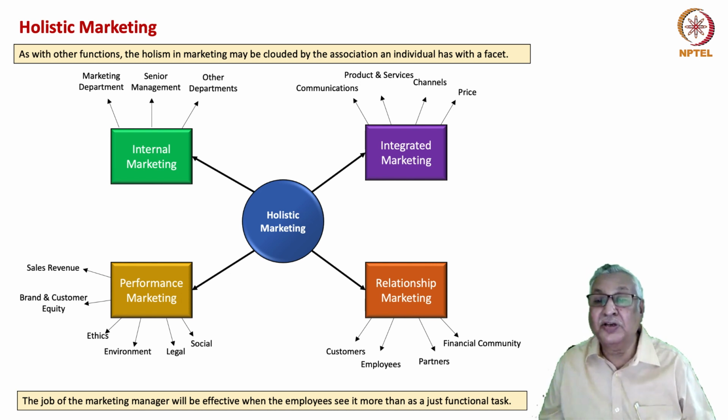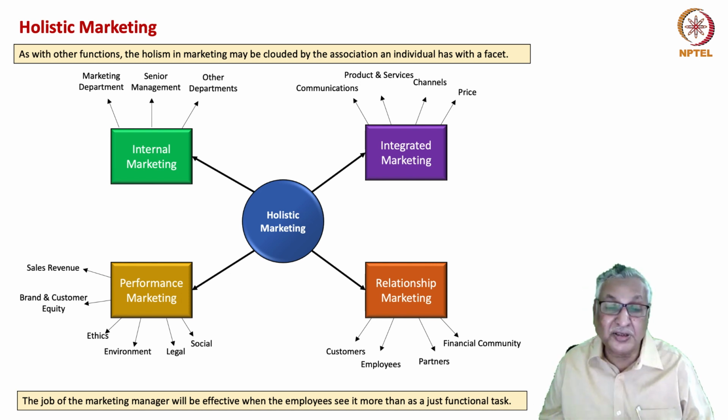Similarly, we need to have integrated marketing, that is, marketing which integrates all the four P's which we have considered earlier, and ensures that the customers are communicated with in an appropriate manner. And similarly, the customers' requirements and experiences are communicated in an appropriate manner to the company. And how does that happen? It happens when there is a good relationship between the company or its representatives and the buyers or the consumers.